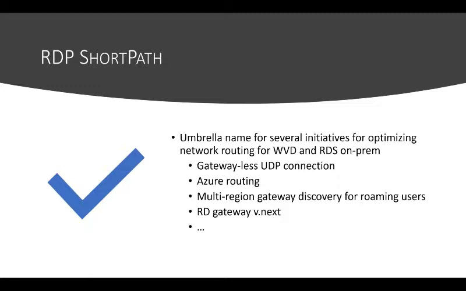We will better use Azure routing capabilities, and we will support gateway discovery in multiple regions. When users are migrating from one location to another, they will connect to a specific gateway that is closer to them. And I think that's it.